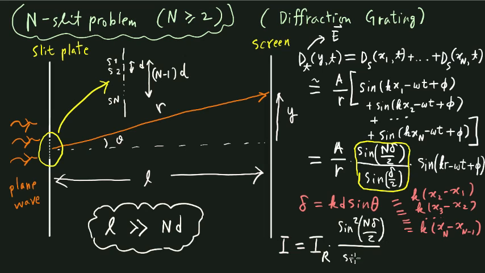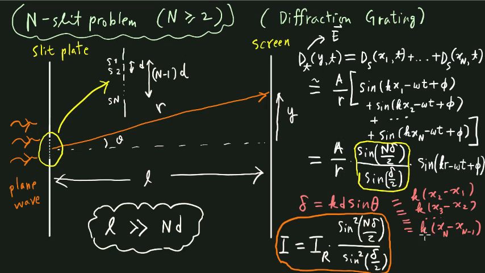So now, as I write this, constant times the square of that function, that sine square of n delta over 2 over sine square of delta over 2. As we write this, let's note one important fact. One important fact is I_R is not only just a constant, but I_R, does it depend on n or not? This n, the number of slits, it doesn't. Why? Because I_R is a factor that's derived from A and R and stuff like that.